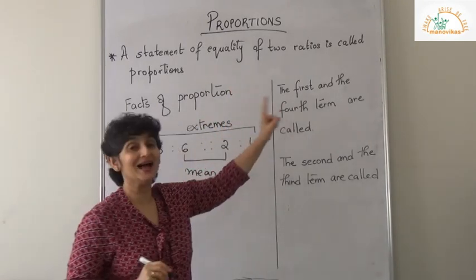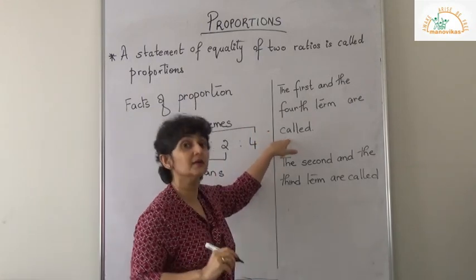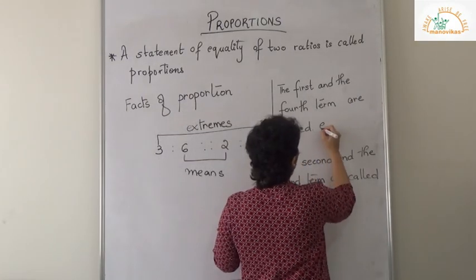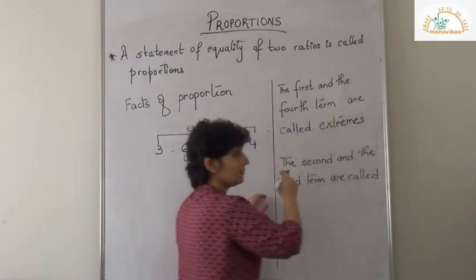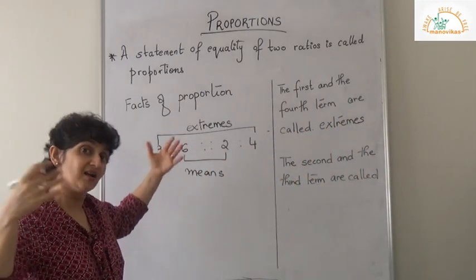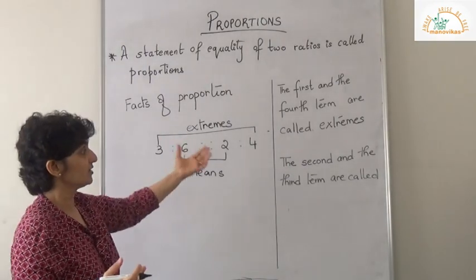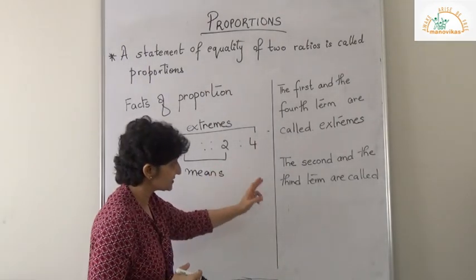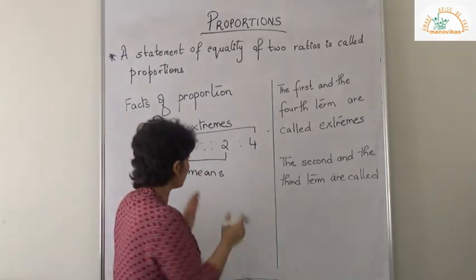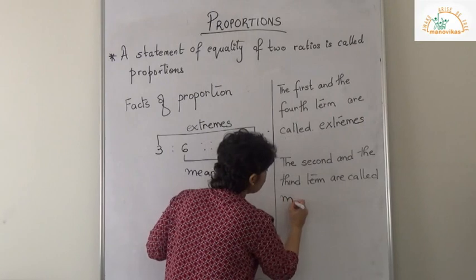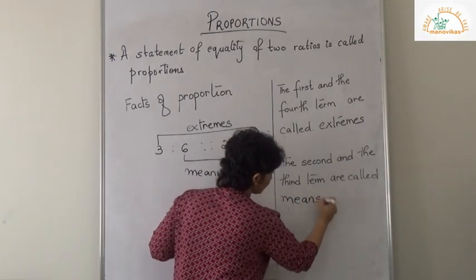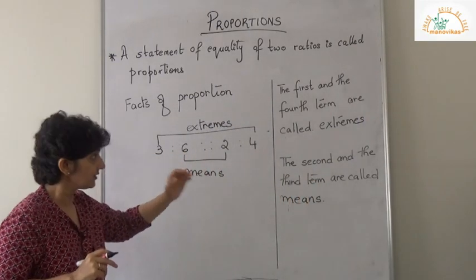The first and the fourth term are called extremes. Remember they are outside, on the extreme ends, so they are called extremes. And the second and the third term are in between, in the middle, so they are called means. That's how you will remember.